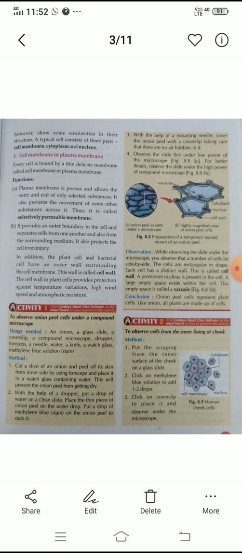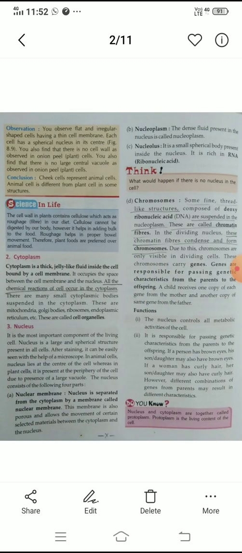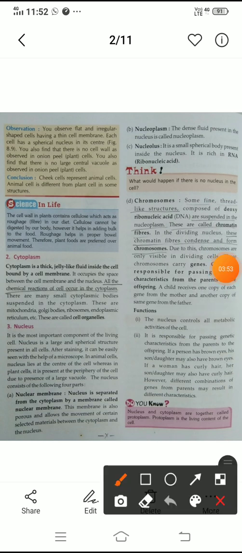Okay, now another page. There is a science note here. It says the cell wall in plants contains cellulose, which acts as roughage in our diet.